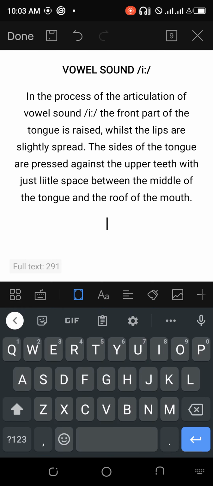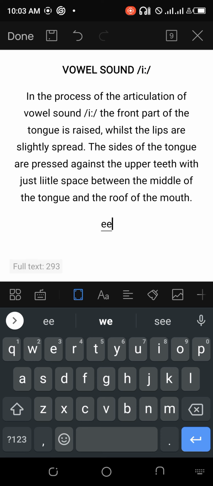So the first one here is with the letter E. When you see double E, this double E also represents this sound here.